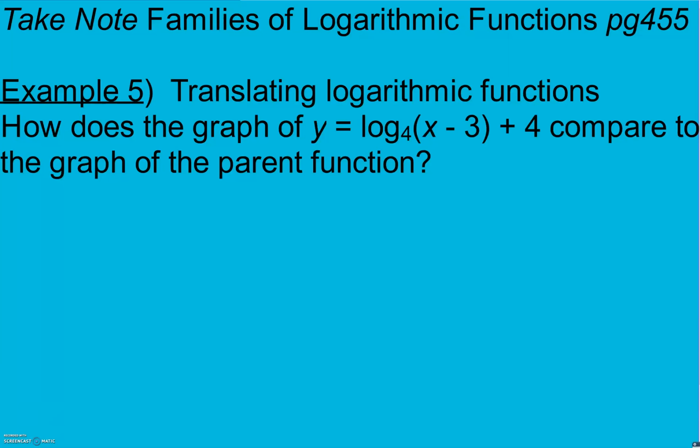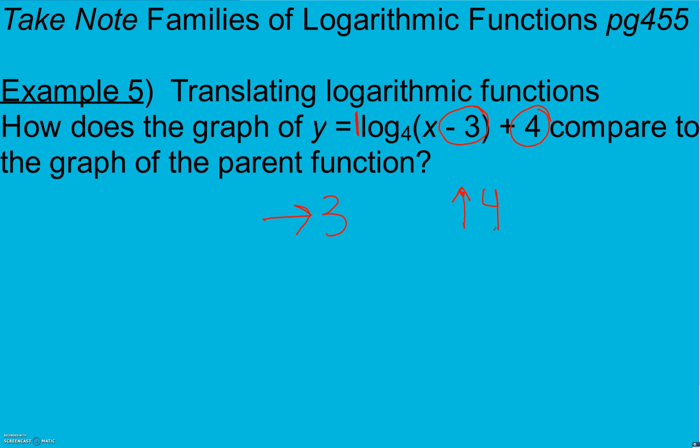So when we look at this, a value is just 1. We don't have anything else, so there's no stretch or compression. This right here, that 3 goes right. Our 4 goes up 4.